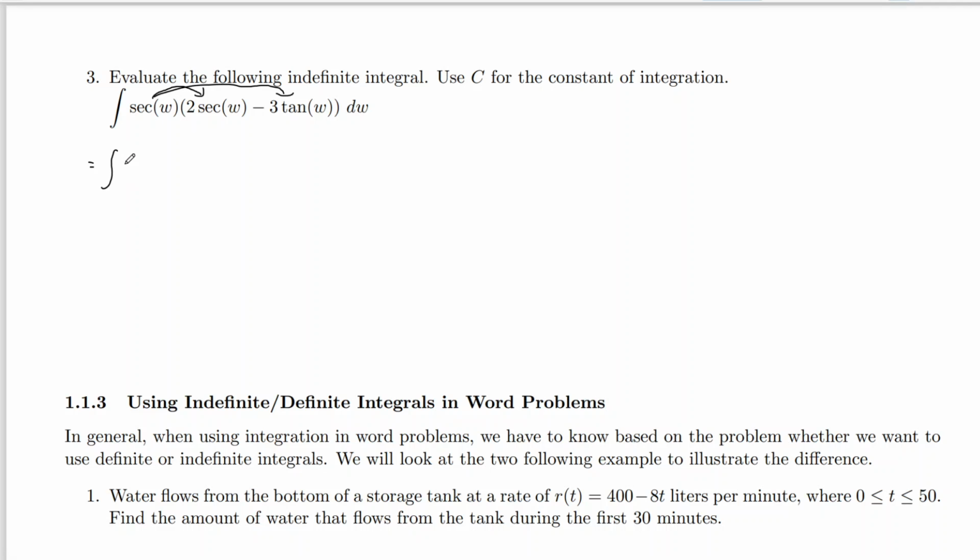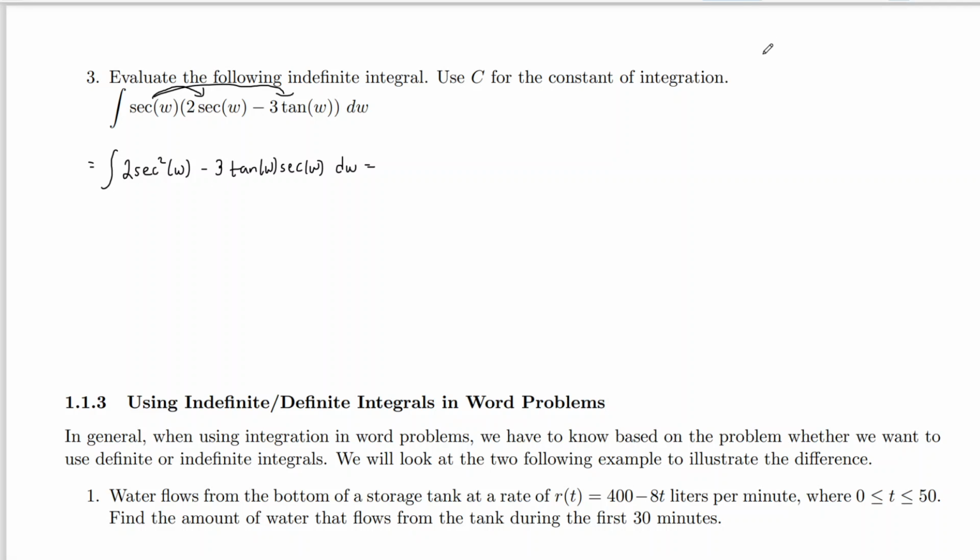And when we do that to the front, we get 2 secant squared of W. And then when we distribute it to the back, we get minus 3 tangent of W times secant of W. Now, as you write this, make sure you include your dw, don't forget that. But we know how to do the antiderivatives of these exactly. We expect that because really that's all we have at this point. We don't have any kind of special rules to integrate yet.